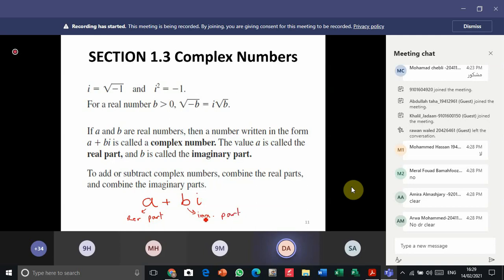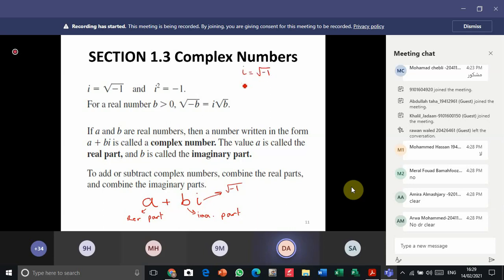Okay. Now, what's the meaning of I? I means radical -1. In the real numbers, this is undefined. The radical -1 is undefined. Okay, this is not a real number. So this is equal I. I equals radical -1.